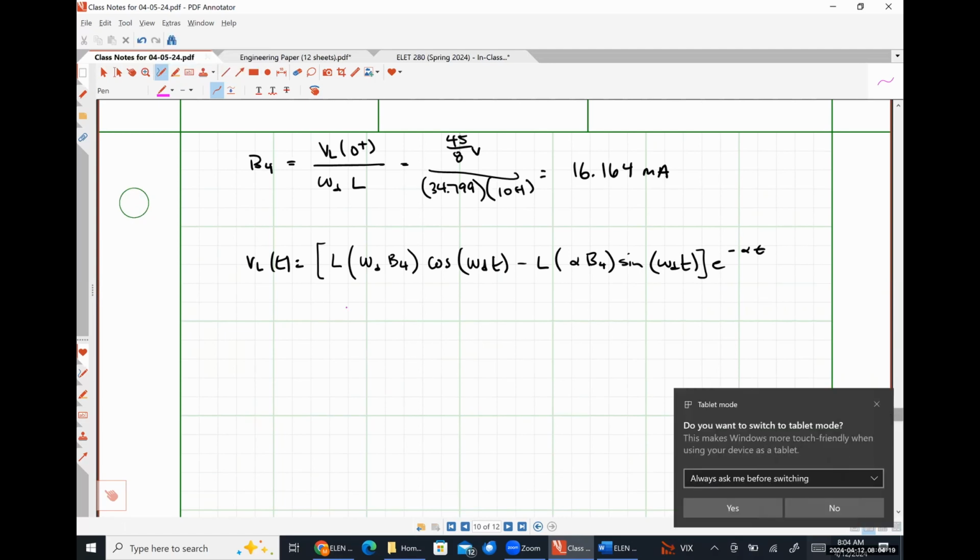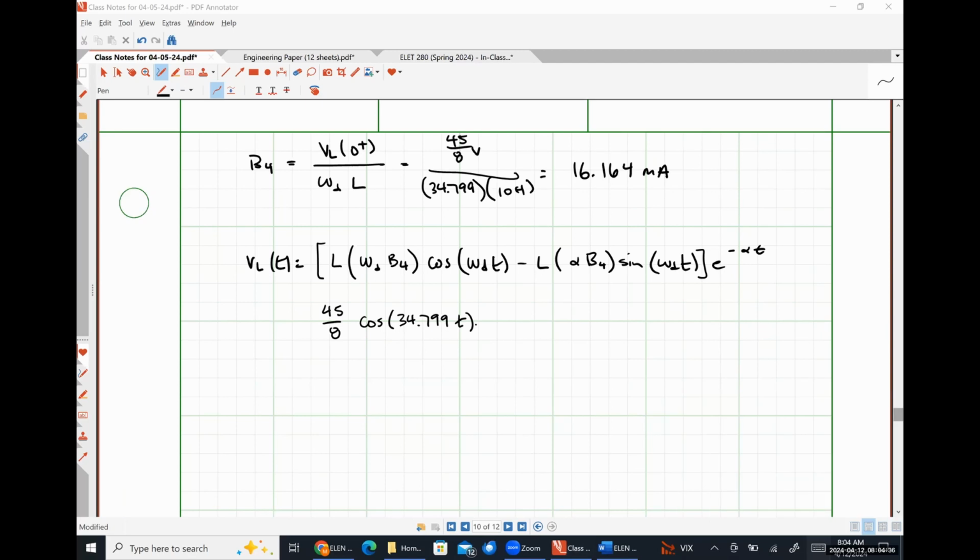So we're going to have 45 over 8 cosine 34.799 T. And now we need L times alpha times B4.